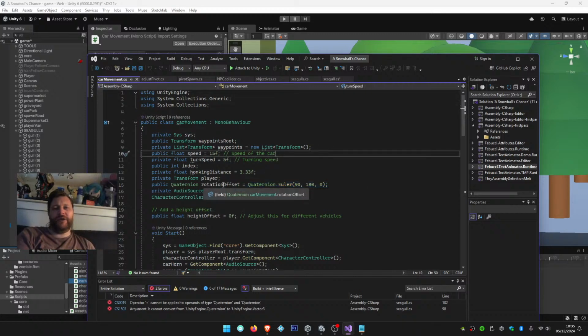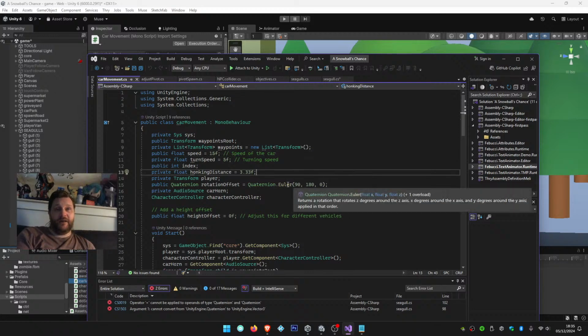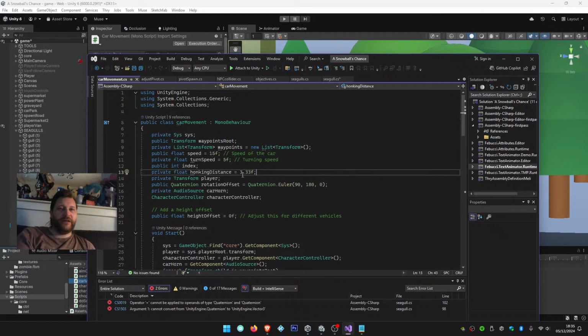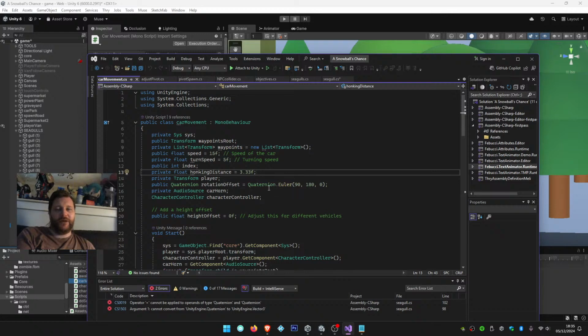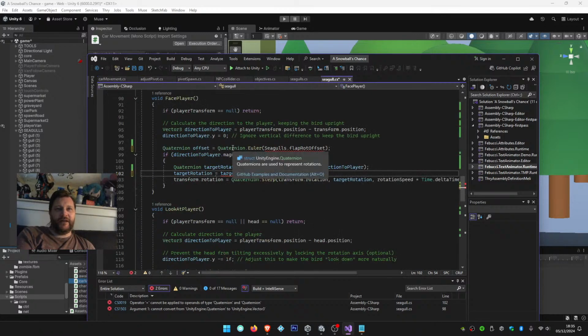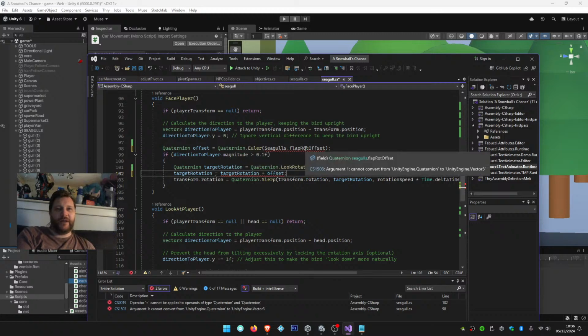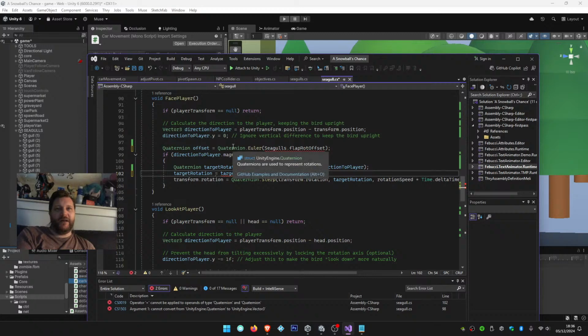So we declare a quaternion of rotation offset, but it's a quaternion dot Euler. Now that in itself seems like a contradiction, right? Because a Euler is a vector 3, but a quaternion is a quaternion. So how can you have a quaternion vector 3? Now maybe the function quaternion dot Euler converts a vector 3 into a quaternion. That would be my guess. That's what I tried to do here: take this vector 3 of Seagulls flat rotation offset and turn it into a quaternion Euler for me.